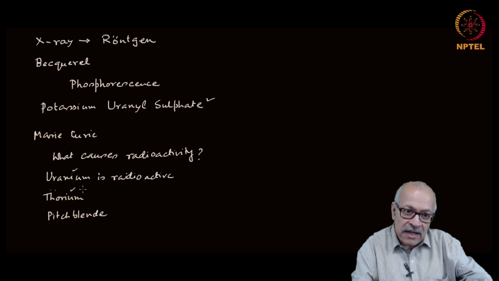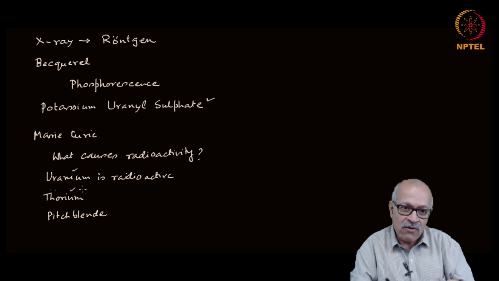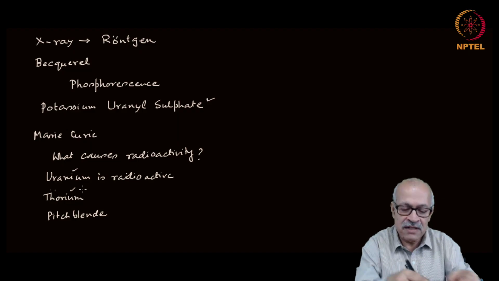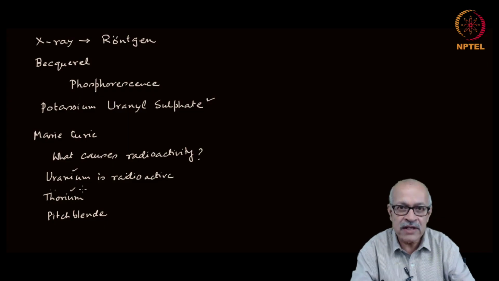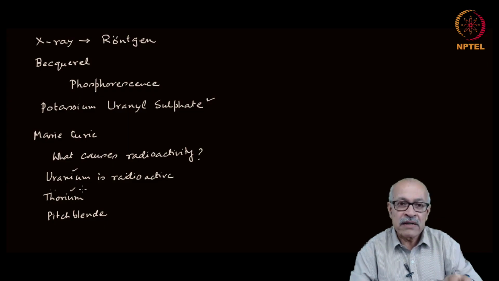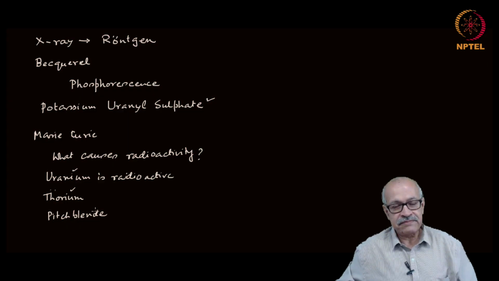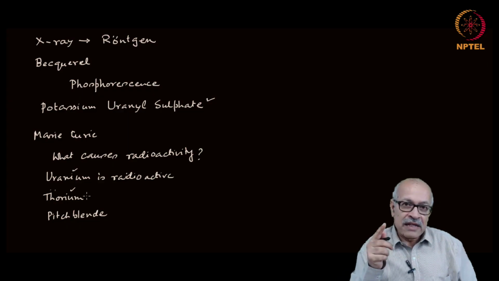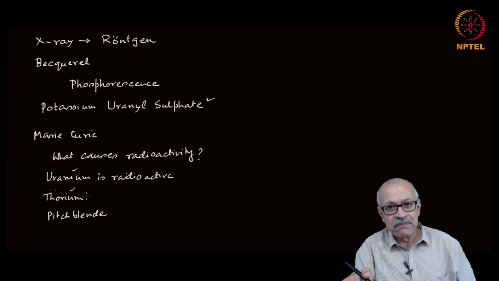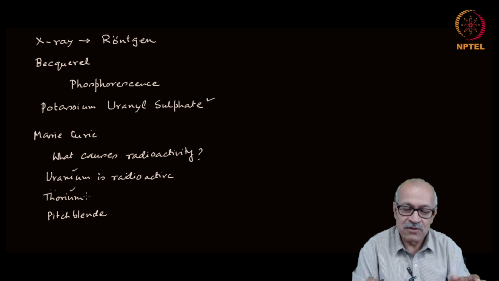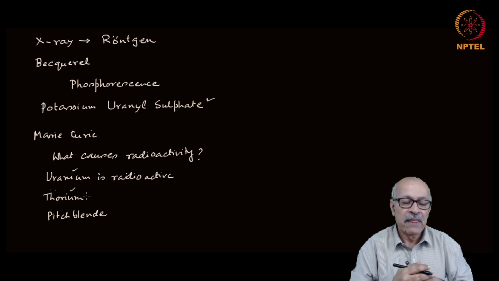So, she chemically analyzed the pitchblende and found how much uranium is contained, how much thorium is contained. Therefore, this much of uranium can emit this much of radiation, this much of thorium can emit this much of radiation, add them. But she found that pitchblende is actually emitting far more radiation. Therefore, the residual amount of radiation must be emitted by some residual substance existing in pitchblende. Law of residues, method of residues.